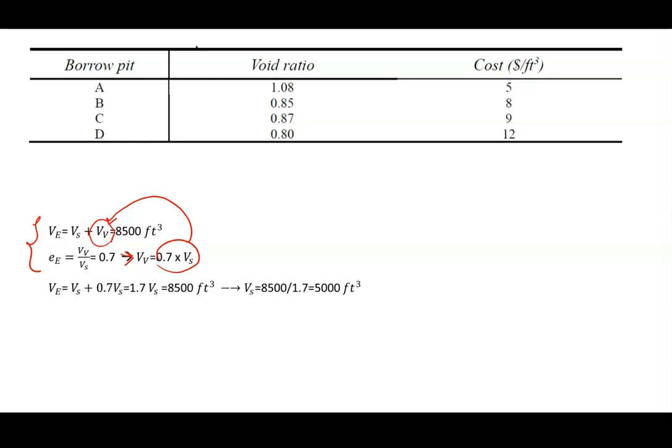Then we have volume of S plus 0.7 volume of S is equal to 8,500, and from there you can calculate volume of solids. So we need to bring volume of solids of 5,000 cubic feet from each one of these borrow pits.